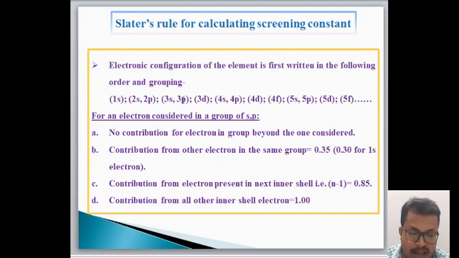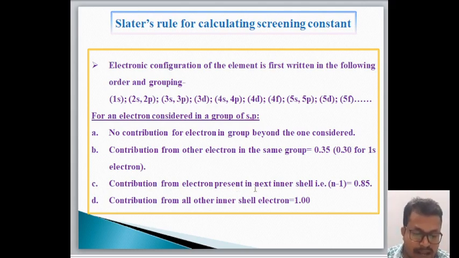That means if we are finding the effective nuclear charge for the 3p orbital, we need not consider electrons in the groups to the right of this group. Then the contribution from other electrons in the same group will be 0.35, and 0.30 for a 1s electron. If we consider the 1s orbital, the contribution from the 1s orbital will be 0.30.